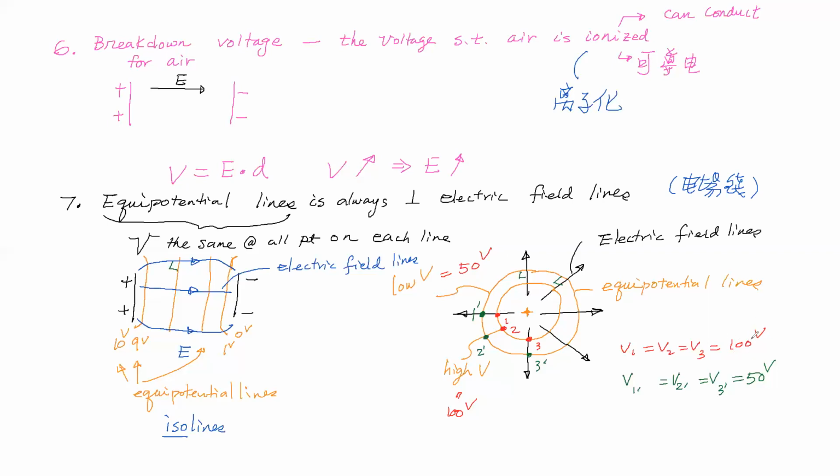This is just an example. And then as you move away from this charge, it will become lower potential. So this one here is 50 volts, for example. So then we know at 1 prime, 2 prime, 3 prime, and continuing along the circumference, all of them have 50 volts.